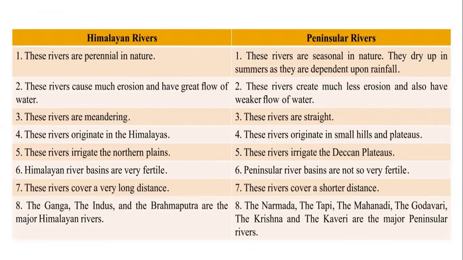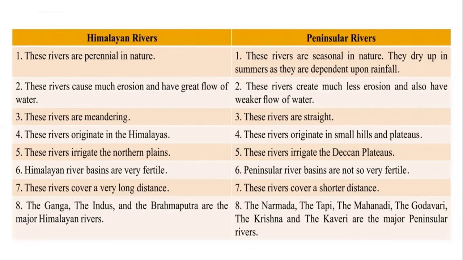On the other hand, peninsular rivers are used for irrigating the agricultural land present in the Deccan Plateau. Sixth point: Himalayan river basins are very fertile because throughout the year you can see the flow of water. Peninsular rivers are not very fertile because during the summer season they dry up.